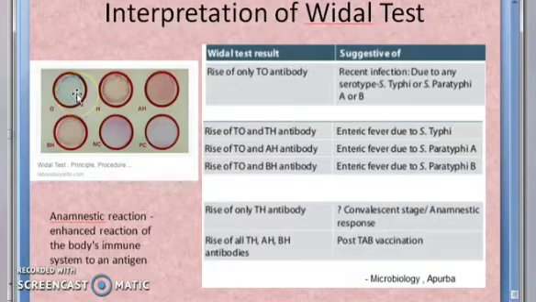It's a recent infection and we still don't know whether it is Typhi or Paratyphi. Now if O and H increase, it is definitely Typhi. If it is O and AH, definitely Paratyphi A. O and BH, definitely Paratyphi B. And if it is only H, all the three H's are present, it is a vaccination. And if only TH is present, that means it is a convalescent stage. This much you understood, right?